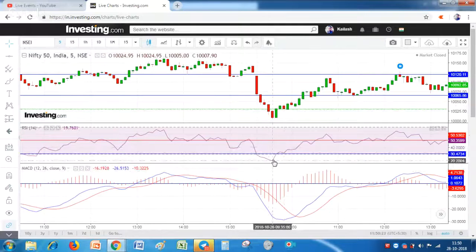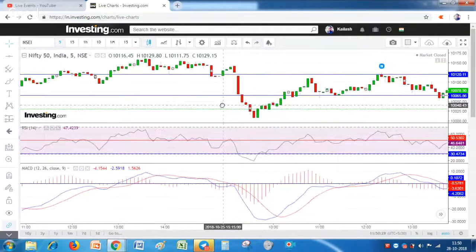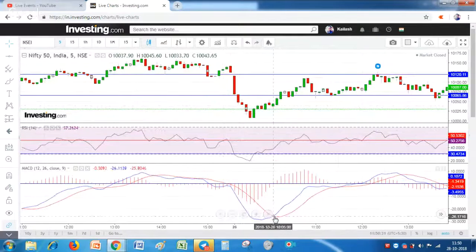But see, there was no confirmation from MACD, so better avoid unless both the indicators give us a signal at the same time. So MACD has given us a signal at this time that we can take an entry in Nifty somewhere around 10,040 level.